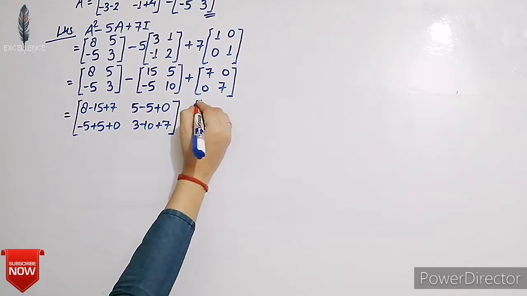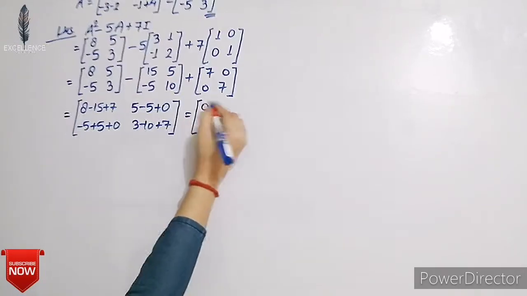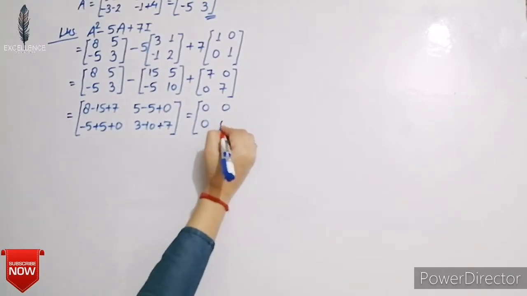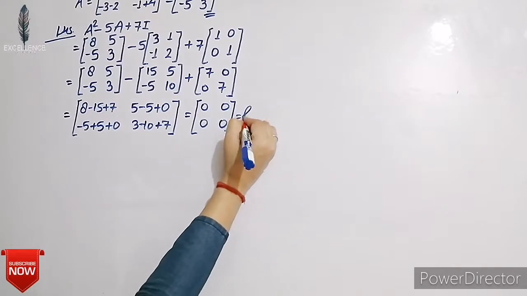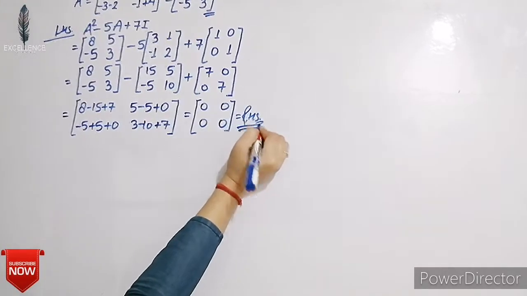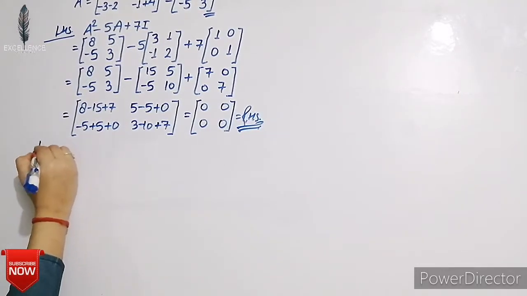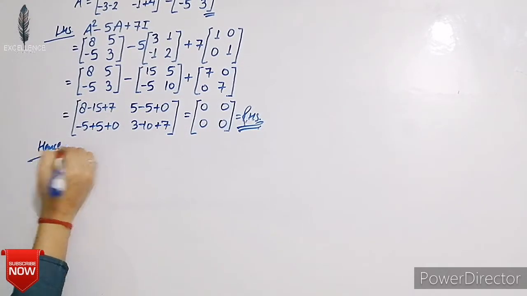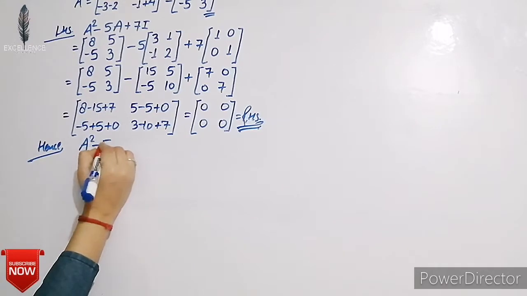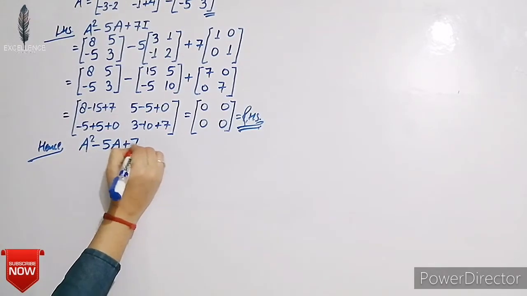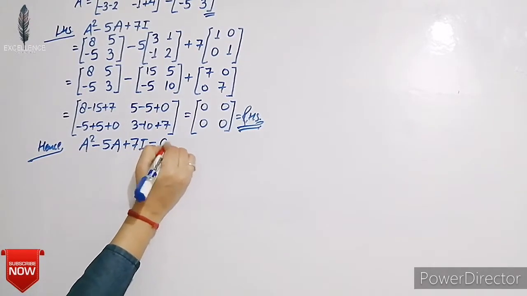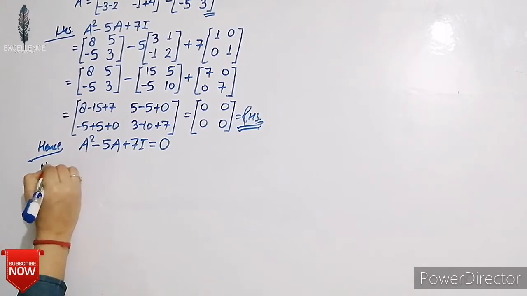So it is equal to 15 minus 15, that is 0. Here [0, 0; 0, 0] is equal to the 0 matrix, that is equal to RHS. Hence proved that A square minus 5A plus 7I equals 0, that is the 0 matrix.